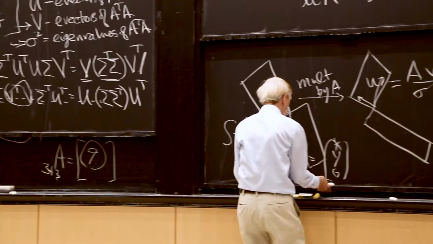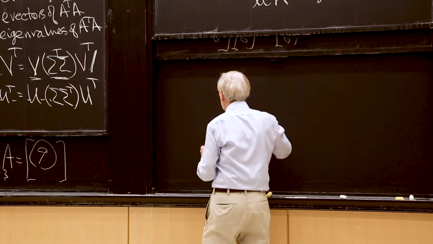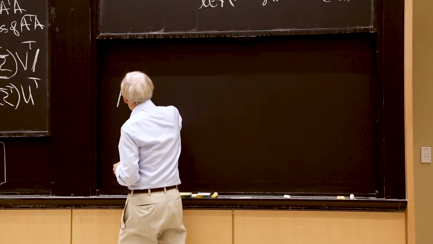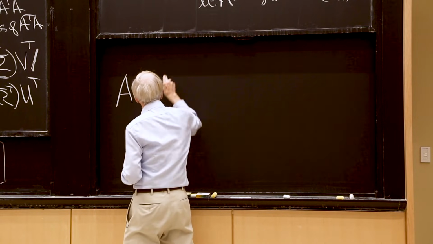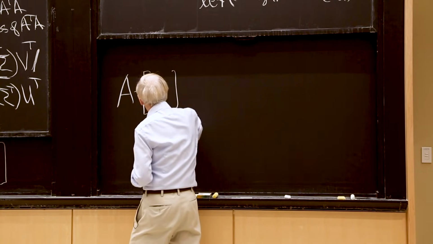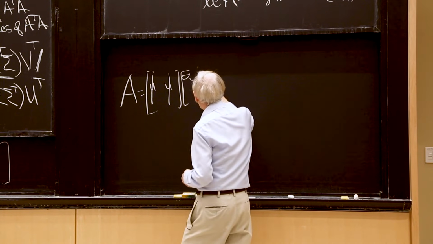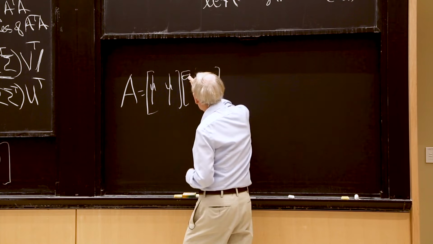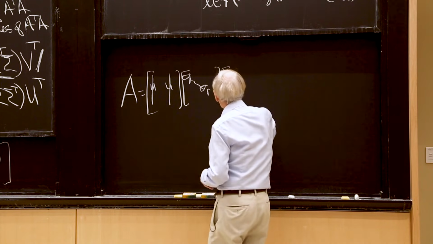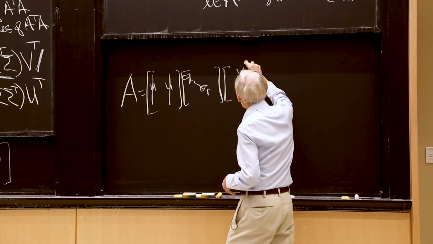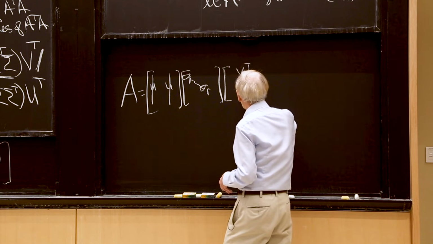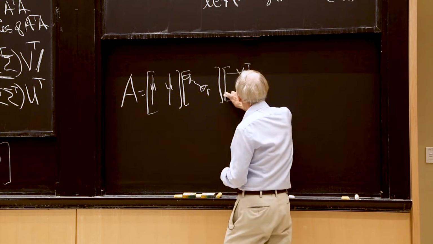So here we go. Let me write out A is U, the U's times the sigmas 1 to R times the V transposes, V1 transpose down to VR transpose. So those are across.